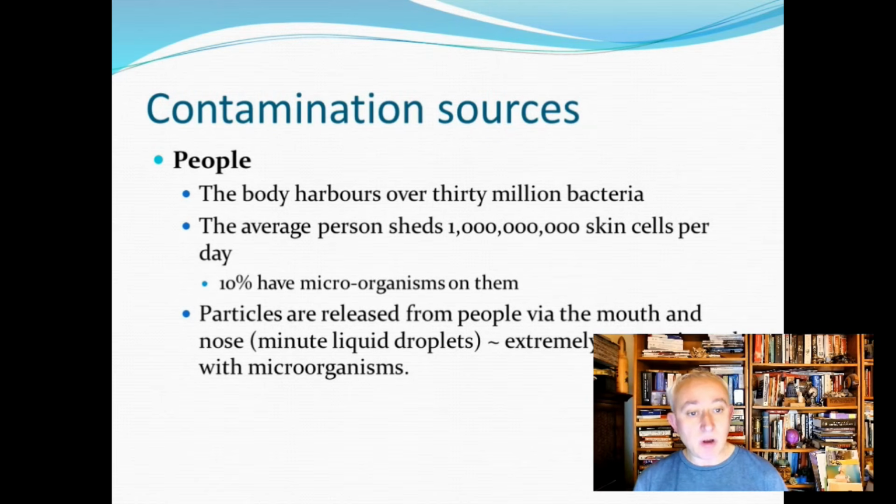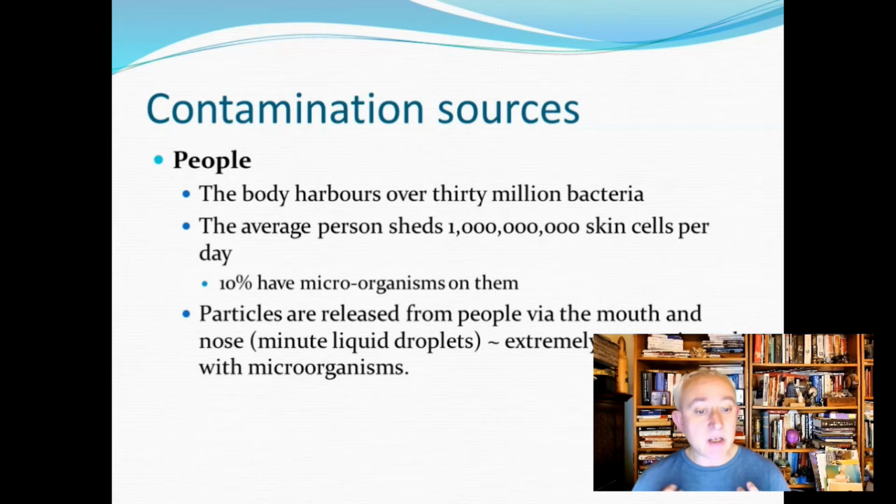And the work that was undertaken at the University of Glasgow by Bill White has shown that around 10% of skin particles will be carrying microorganisms, and around 4 microorganisms per piece of skin matter, with the average piece of skin matter being around 4 microns.